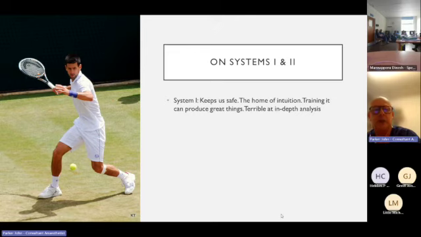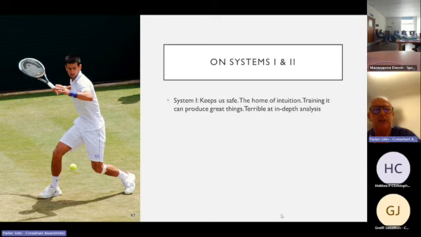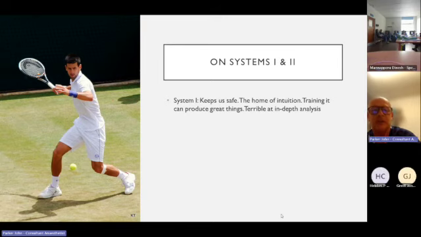He doesn't have time to think. He will almost always use system one to essentially do the nuts and bolts of playing tennis, and he'll leave his system two to be thinking about tactics and the weakness of his opponent. So that part of his brain is almost completely disengaged. If you were to ask him how he played an amazing stroke, he probably wouldn't be able to tell you, because it's all just done intuitively.